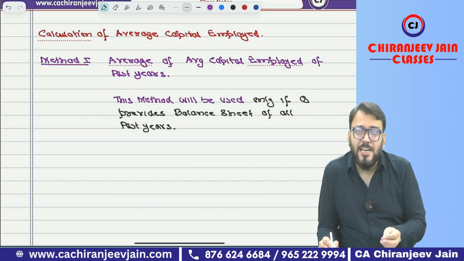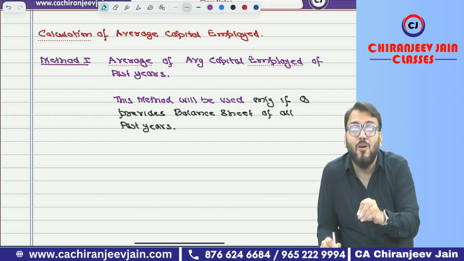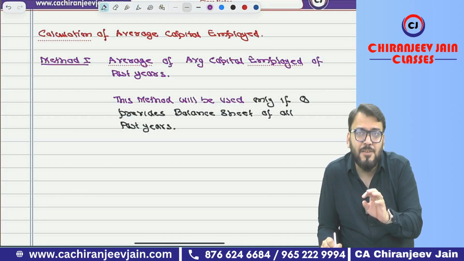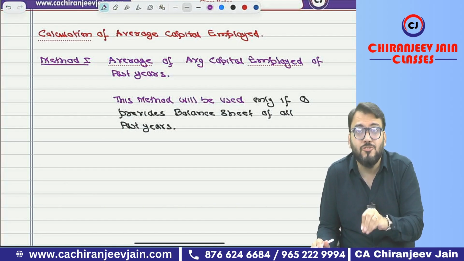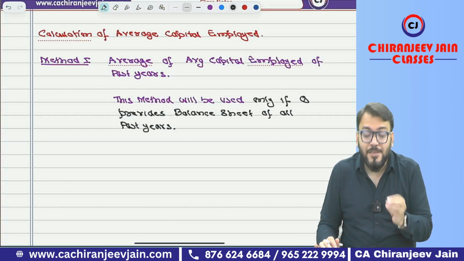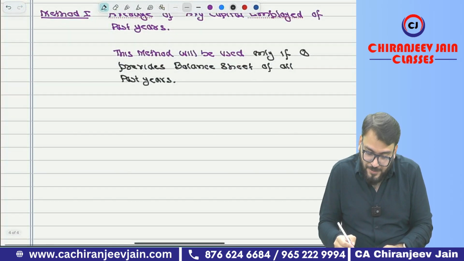Now just try to understand, if they have given 4 past years, we need to have the balance sheets of all the past years so that you can find out closing capital employed of all the past years. Got this point? Technically speaking, if they give you 4 balance sheets, the question will be lengthy, and therefore normally we do not find this type of question in the exam. But this is the actual way. We need to have the balance sheets of all the past years. Got this point?